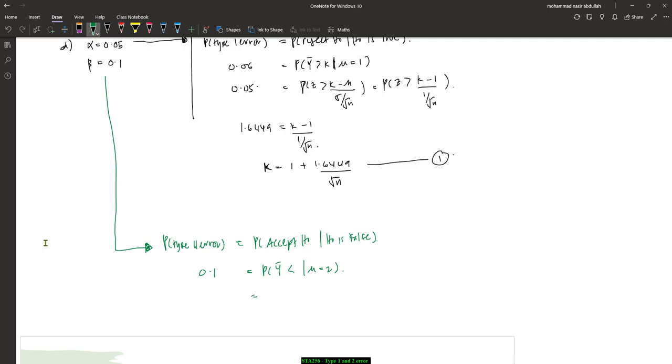So this should be the probability of z less than k, so (k minus 2) over 1 over square root of n, and 0.1.